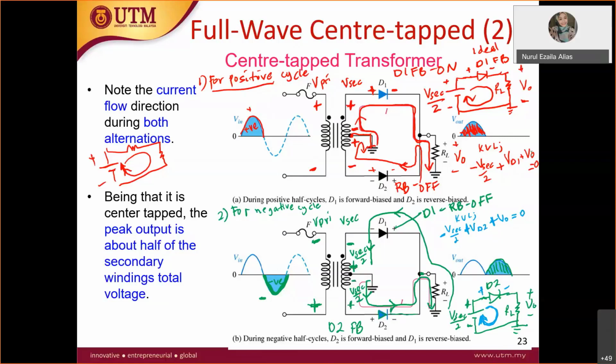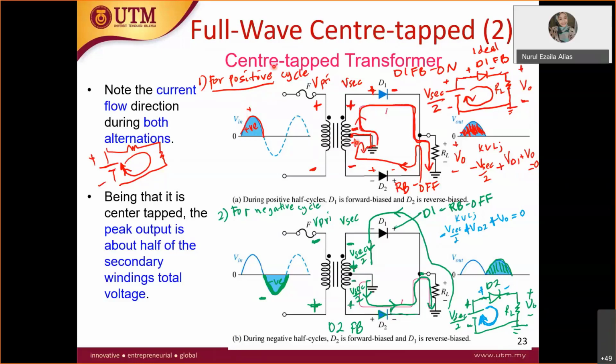Yes, doctor. Thank you very much for explaining. Welcome. Thank you for realizing the error there. For the second circuit, Mantur, the same question: I don't really understand why V secondary over 2, because it is divided into 2. Now for this one, the name itself is center tap.